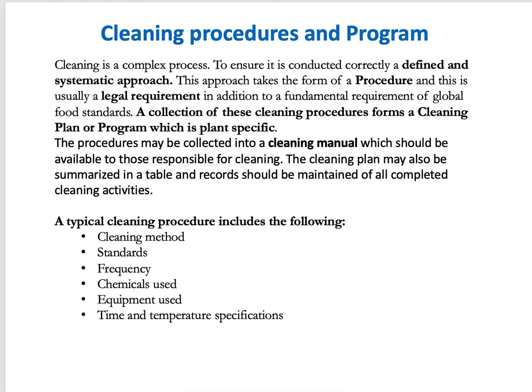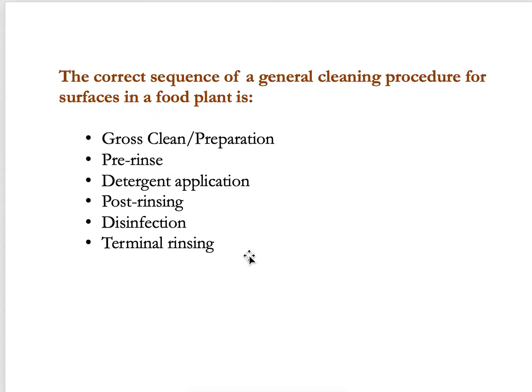And in the cleaning procedure, there are steps, like what we'll do step by step. The correct sequence of a general cleaning procedure for a surface in a food plant is as follows.